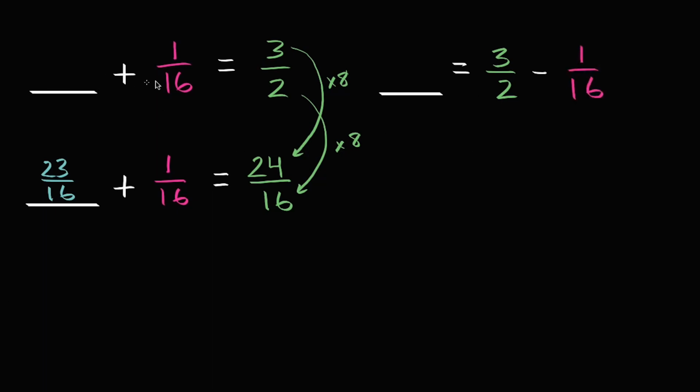And we already know that 3 halves is the same thing as 24/16. So 24/16 minus 1/16, which we figured out is 23/16, which is equal to, I'll just rewrite it again, 23/16.